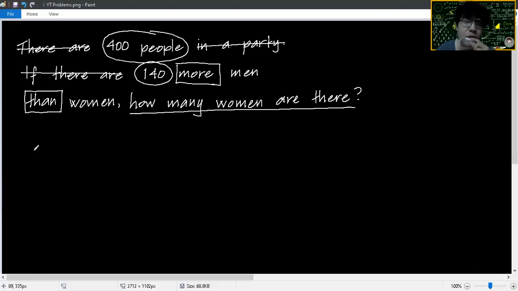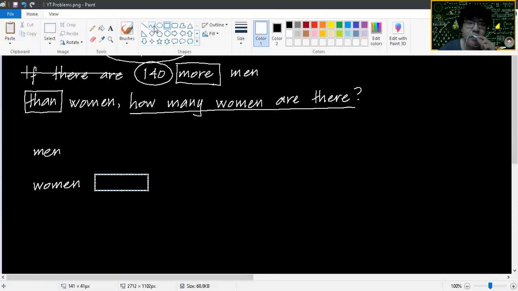Suppose you are comparing the number of men and women. Let's draw a rectangular bar to represent the number of women and another bar to represent the number of men.